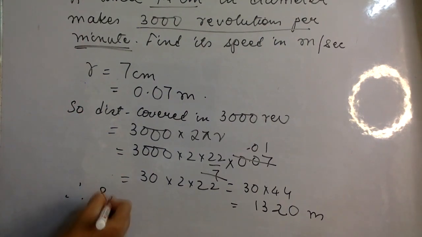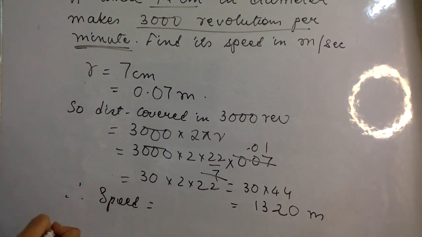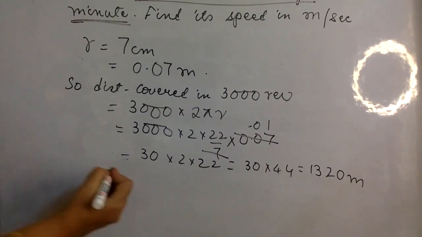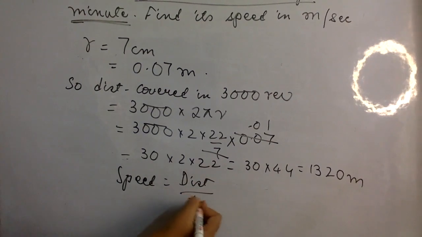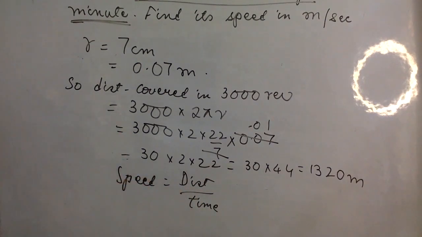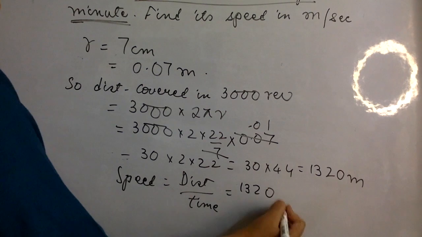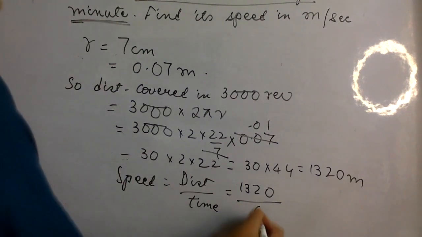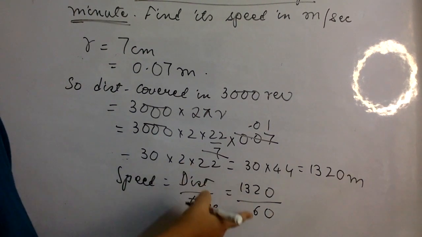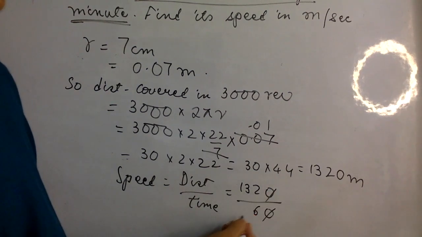Therefore speed is equal to distance by time, because we want meters per second. We can't work with minutes anymore, we have to convert the time to seconds. So 1320 meters by 60, because this was done in 1 minute, so 60 seconds. Cancel this. So how much do we get?